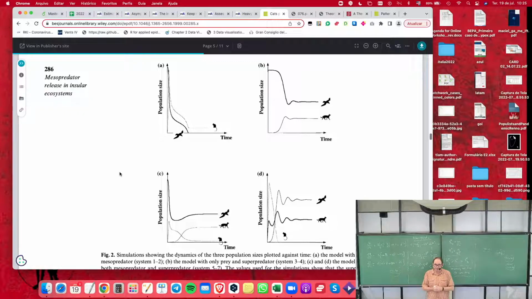And what was observed is that zebras went up and ungulates went down. Not eliminated, but the zebras increased and ungulates decreased. So what explains this?